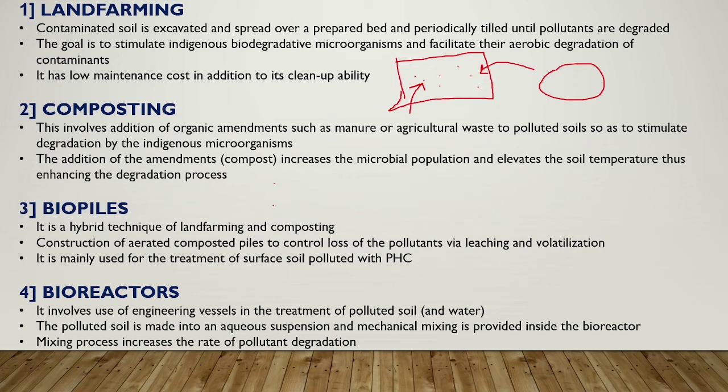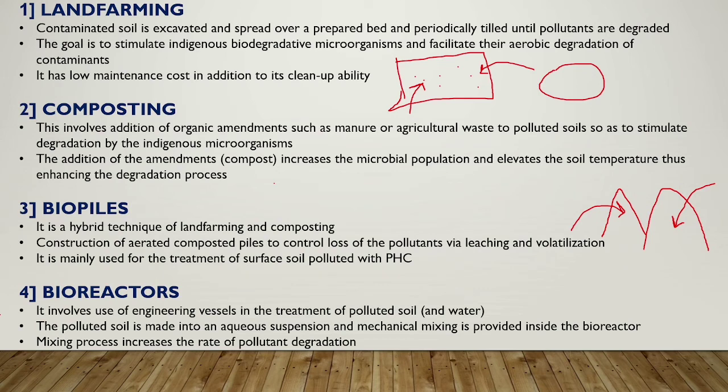Third technique is biopiles. So, a pile of contaminated soil is made, and in this, the microorganisms are added, and this technique is a combination of land farming and composting. So, in this technique also, we can use it for the treatment of soil which is polluted with PHC, that is petroleum hydrocarbons.